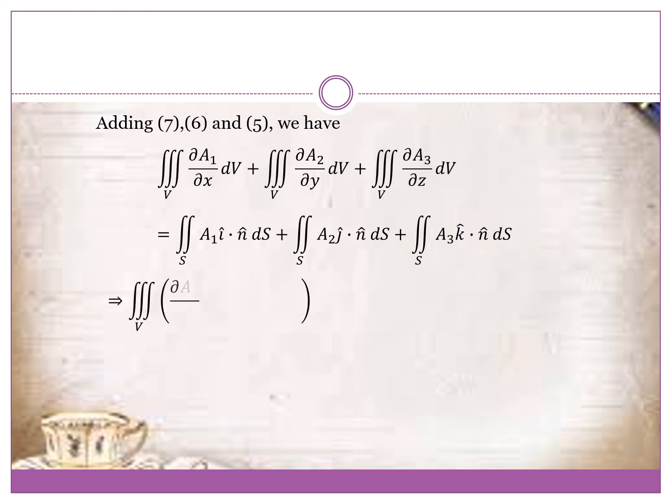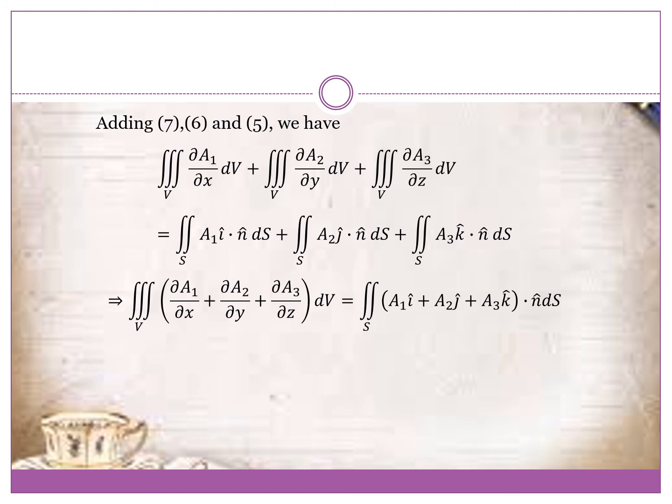The left hand side can be written as the volume integral of partial a1 by partial x plus partial a2 by partial y plus partial a3 by partial z, and the right hand side gives us the surface integral of a1 i plus a2 j plus a3 k dot n ds.